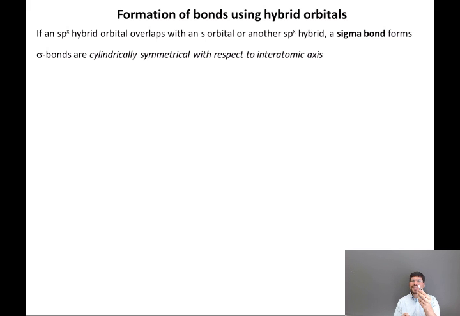And this model set does a good job of describing what a sigma bond looks like. So we've got a carbon atom, we've got a hydrogen atom, and the electrons in the bond between them are completely located within the cylinder defined by the two atoms.